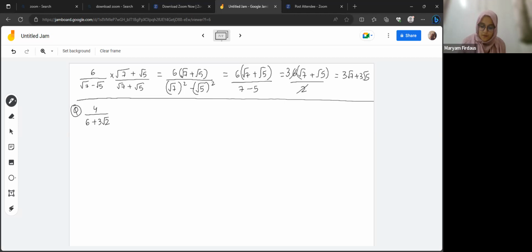Very good. So, 6 minus 3 root 2. Okay. So, the numerator will become? The denominator also should be subtract, right? I'm sorry. Yes. So, what will the denominator become? Who will tell me?